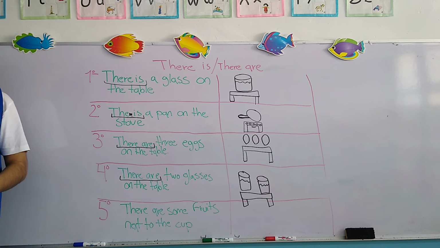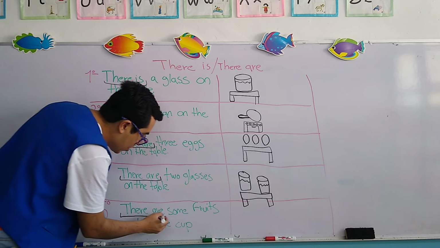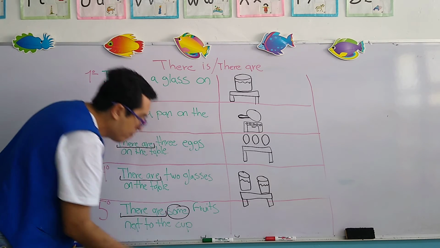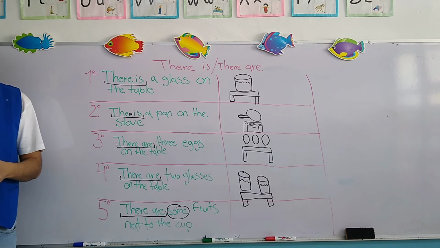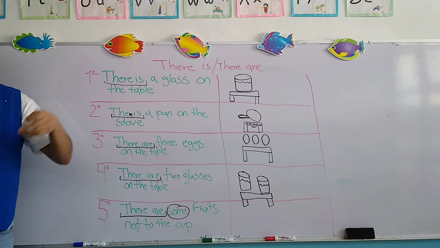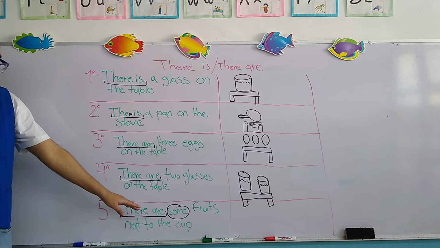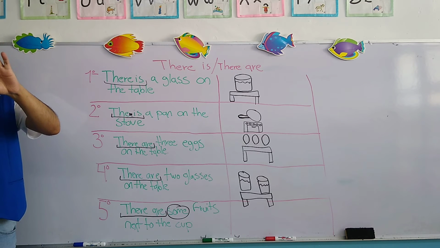Now, number 5 says there are some fruits next to the cup. Once again, there are, which means plural objects. Now, the word some, we already used it before. In Spanish it means algunos, okay? They could be 3, 4. For this sentence, we're going to draw 3 fruits, okay?